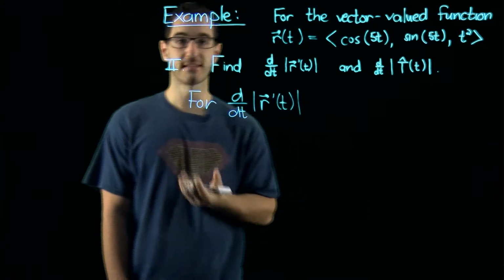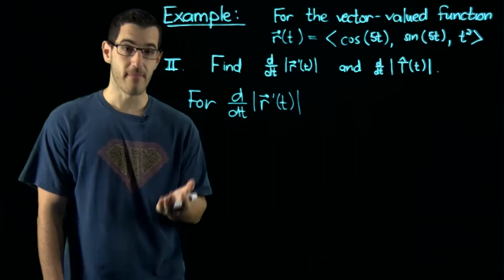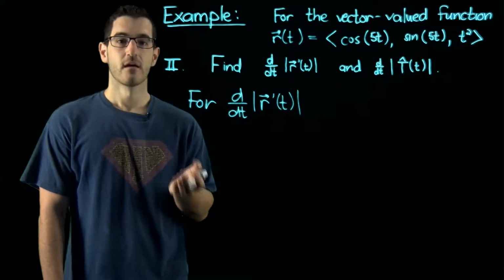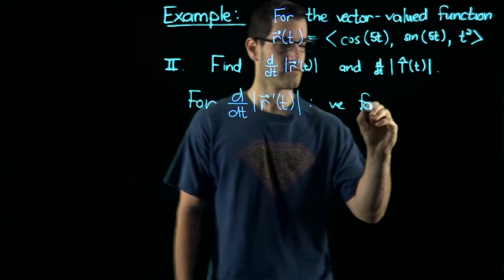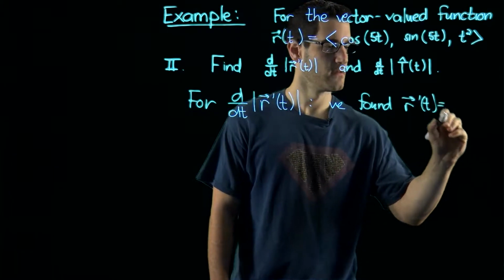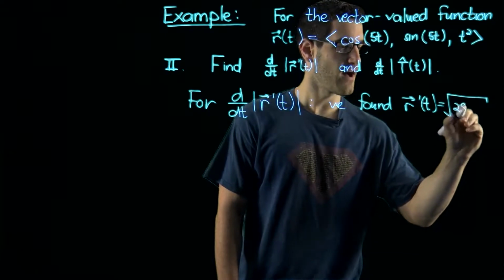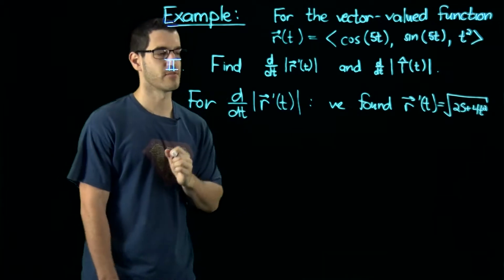What this process is telling me to do is find r prime, which we already did, find the magnitude, which we already did, then take a derivative. So we found here that this magnitude was just 25 plus 4t squared, all raised to the 1/2.